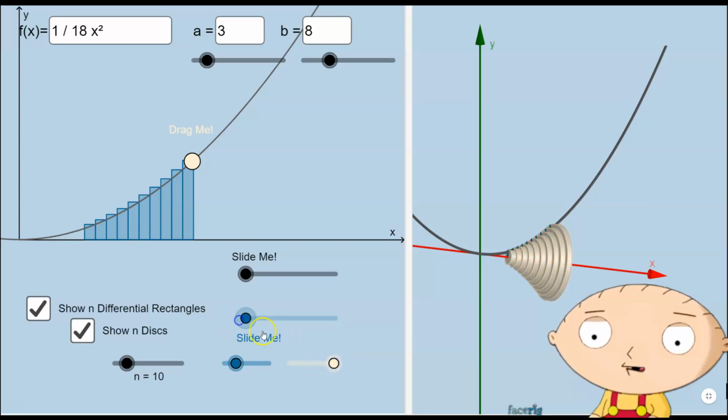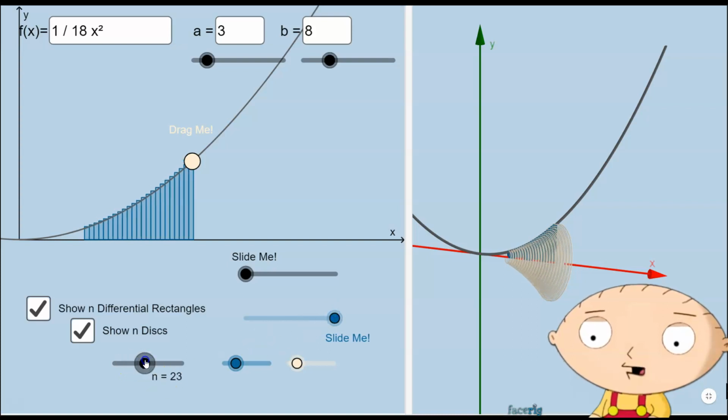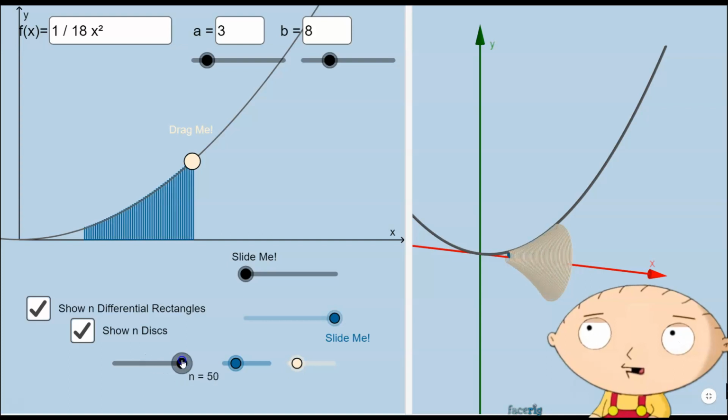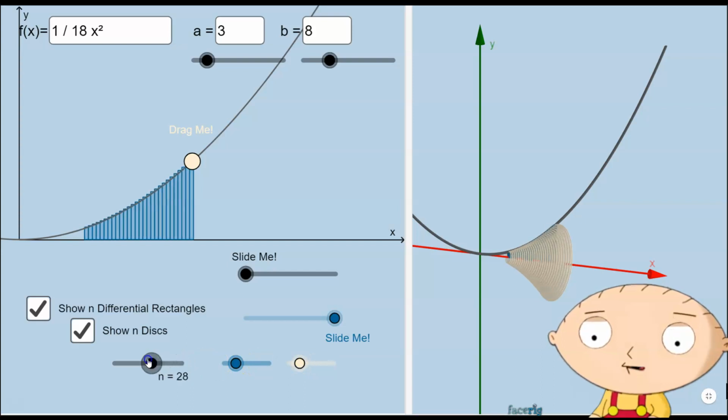As we initially started here, there are our rectangles, and as we rotate those around, they sweep out these disks. Now, the more rectangles we create, the smoother this solid becomes. And now I can find the volume by adding up the volume of these individual disks.